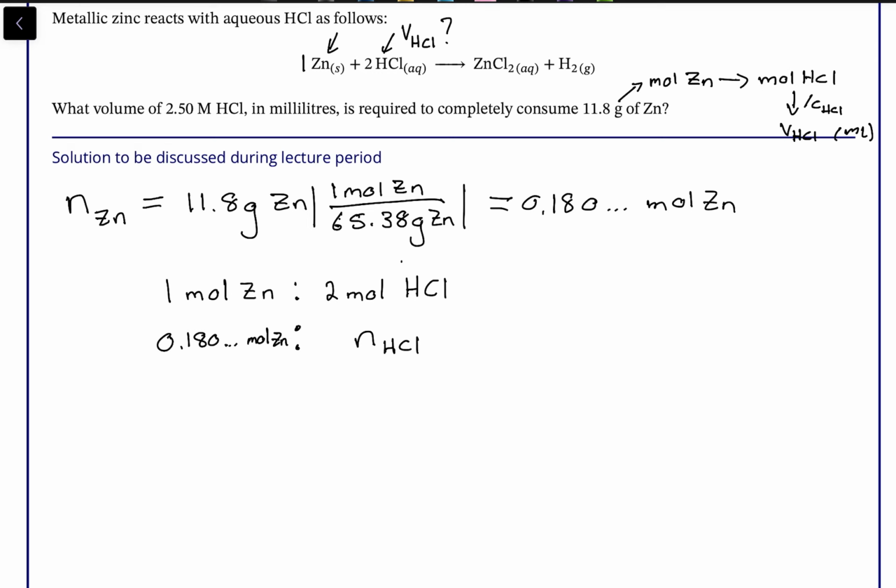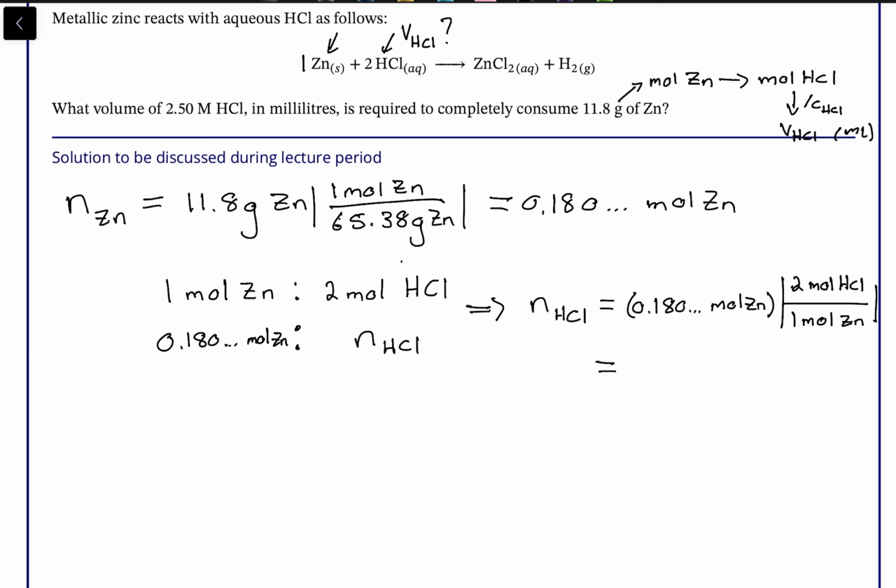So you can cross multiply, and essentially the number of mole of hydrochloric acid will be equal to 0.180 and so forth mole zinc multiplied by just your ratio. In other words, there's 2 mole HCl that reacts with 1 mole of zinc according to the reaction.